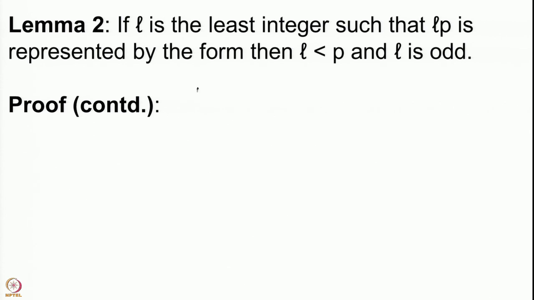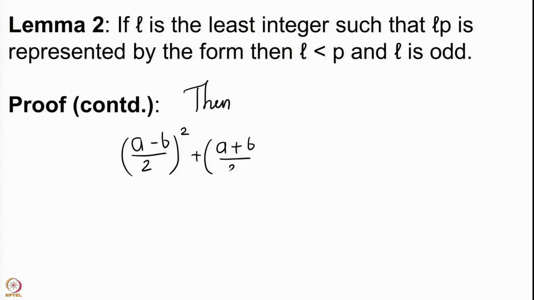So, if you have this, then what do we get? Then (a minus b)/2 squared plus (a plus b)/2 squared plus (c minus d)/2 squared plus (c plus d)/2 squared.